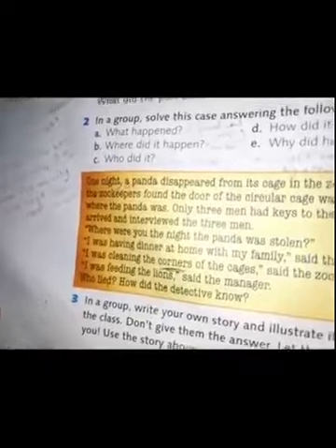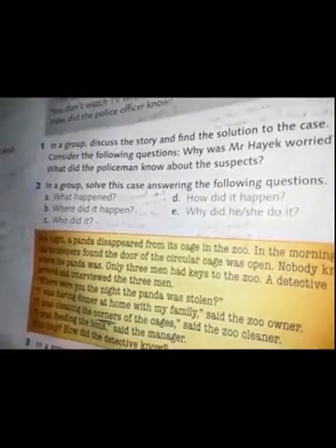The zoo cleaner. How did we know? Because the zoo has no corners. D. How did it happen? The zoo cleaner stole the panda when the owner was at home and the manager was busy feeding the lion. Why did he or she do it? You can choose the answer.